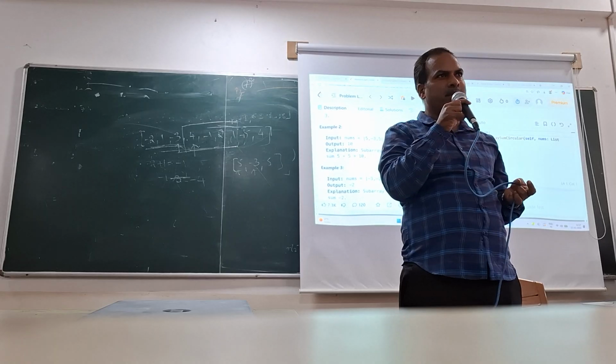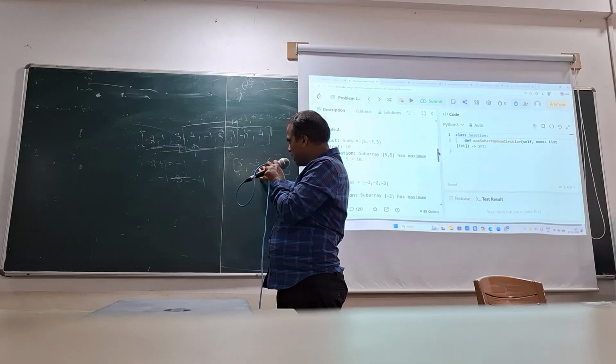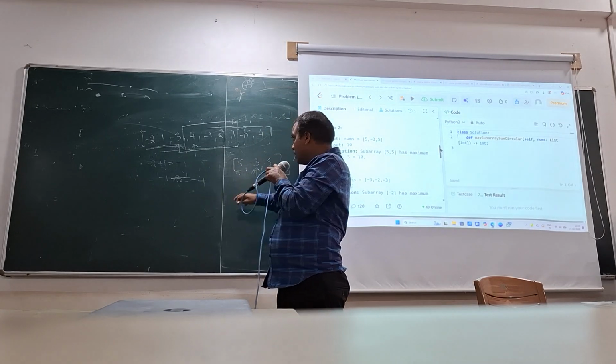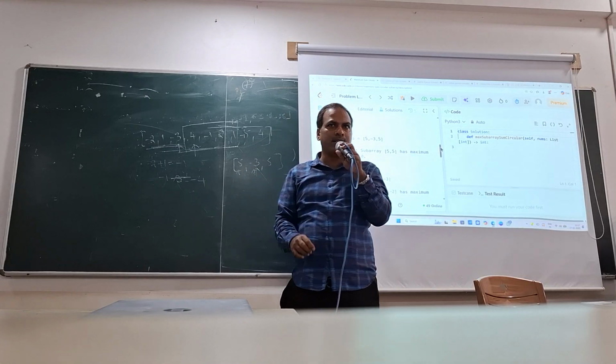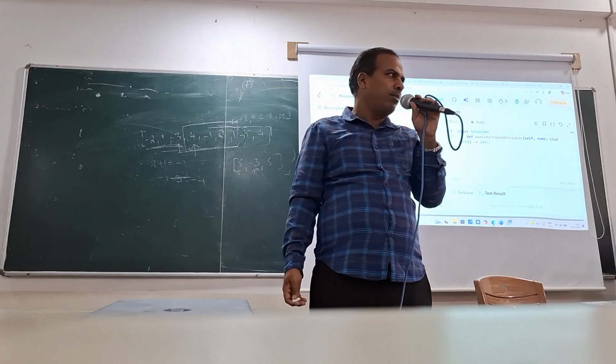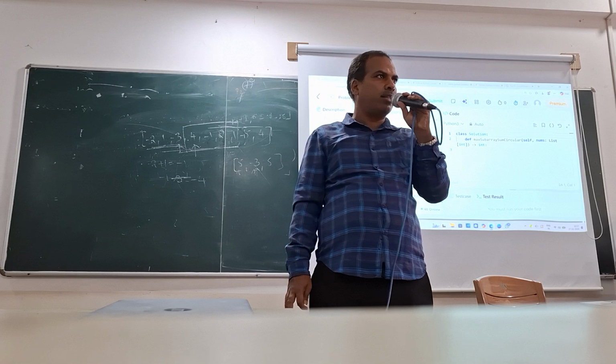It's reducing, maximum is 5. So I drop this and start again here. Maximum is 5 as of now. Minus 3 plus 5, how much do you get now, sir? 2. But what is the maximum, sir? 5. So we only have that 5 as a maximum. So in normal Kadane's algorithm, it is 5.